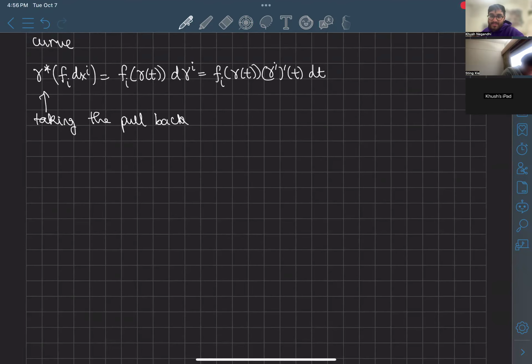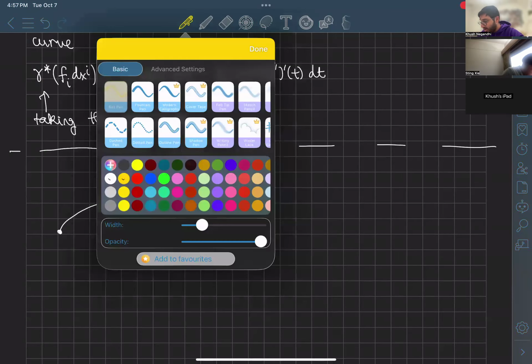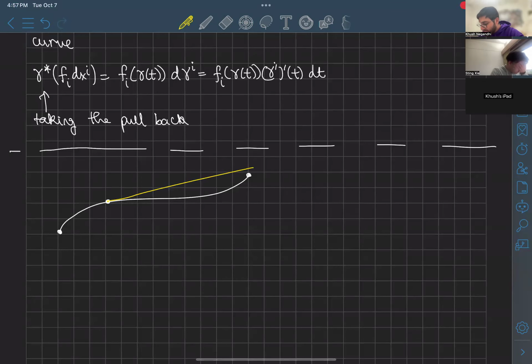Now that I've mentioned the tangent space, let's briefly talk about what it means. If I look at a curve, and I'm moving along the curve, my question is, what are the possible velocities that I can have if I'm constrained to move along this curve? So let's say I'm over here. The only possible velocities I can have must lie on this line.